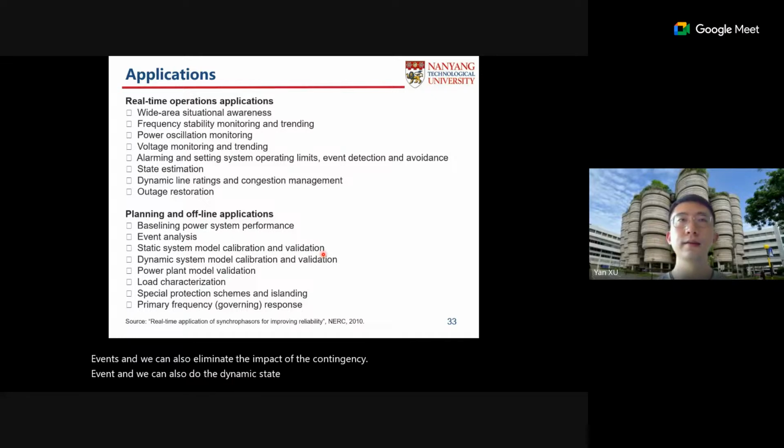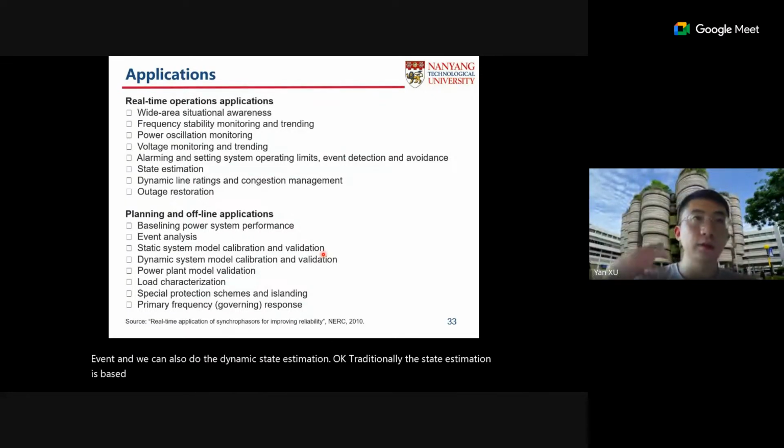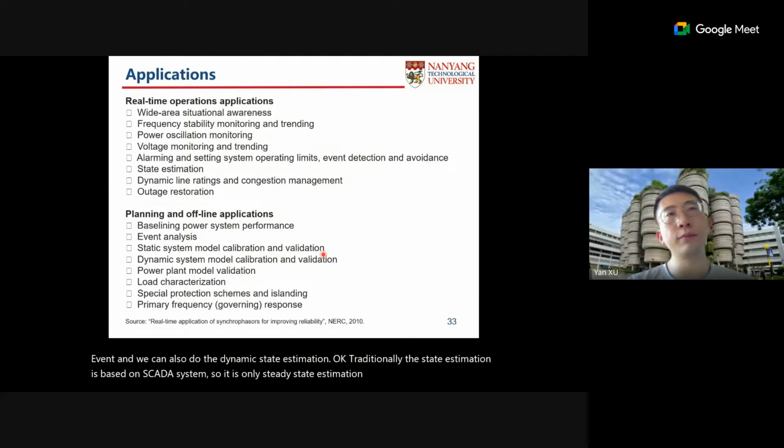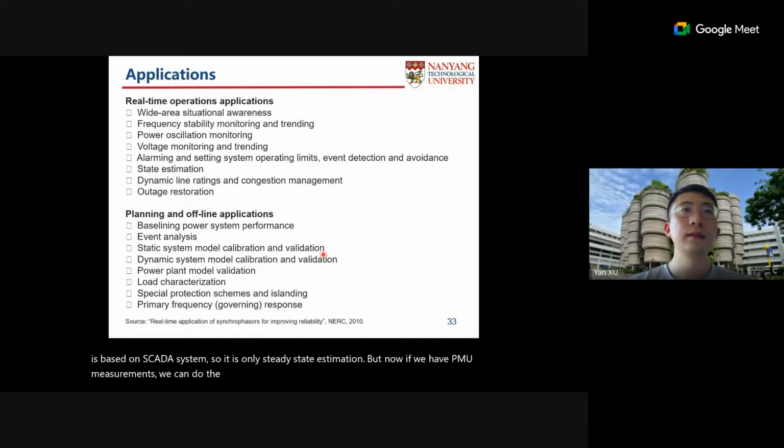Okay, traditionally the state estimation is based on the SCADA system, so it is only steady state estimation. But now, if we have PMU measurements, we can do the dynamic state estimation. Okay, so we have a more accurate picture of the system. And we can also do the dynamic line ratings and congestion management. What does that mean?